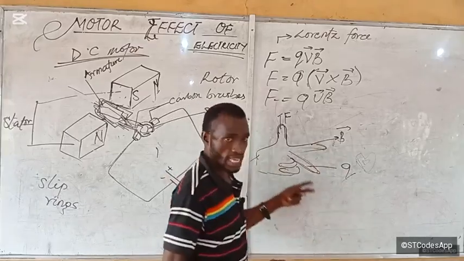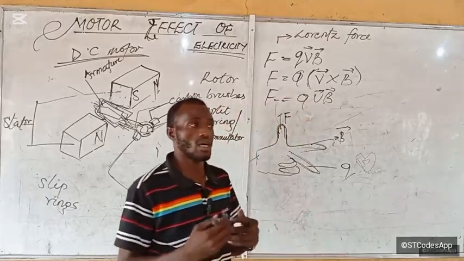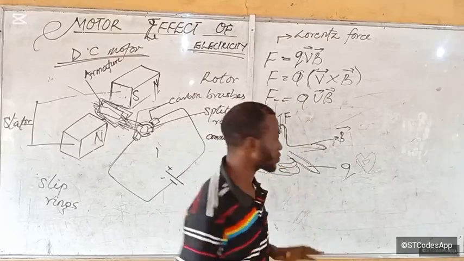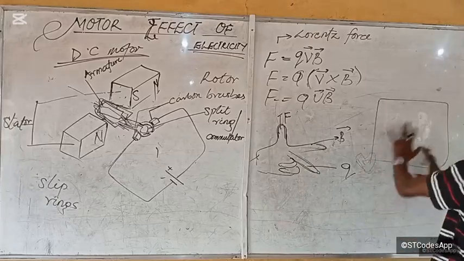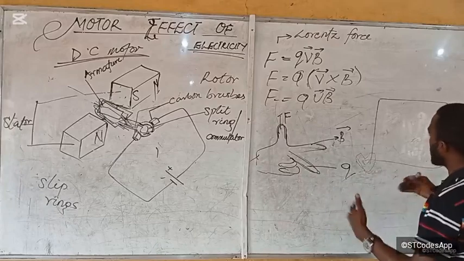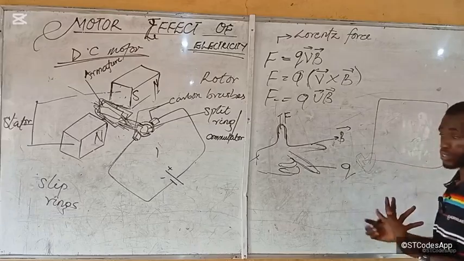Now, using this again, how do we determine the direction of a charge moving in a uniform magnetic field? So let's go. Now, let's say my magnetic field on this surface here is uniform and is everywhere. Let's do everywhere into the board first.